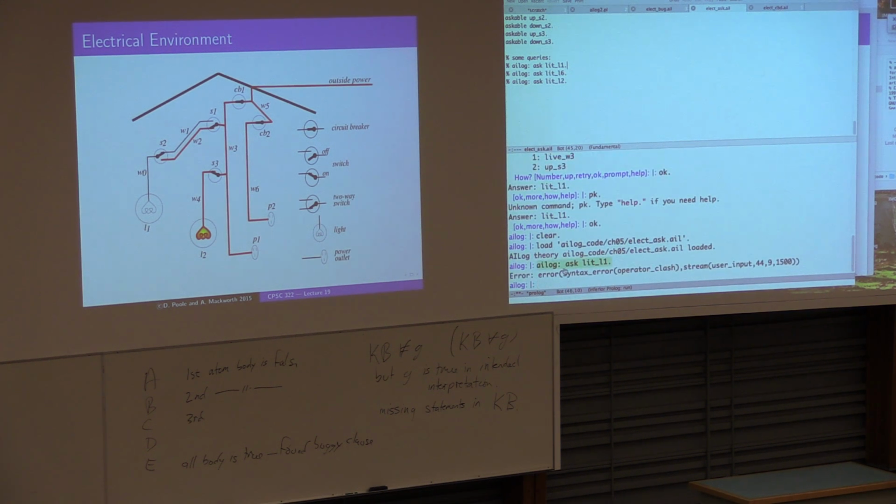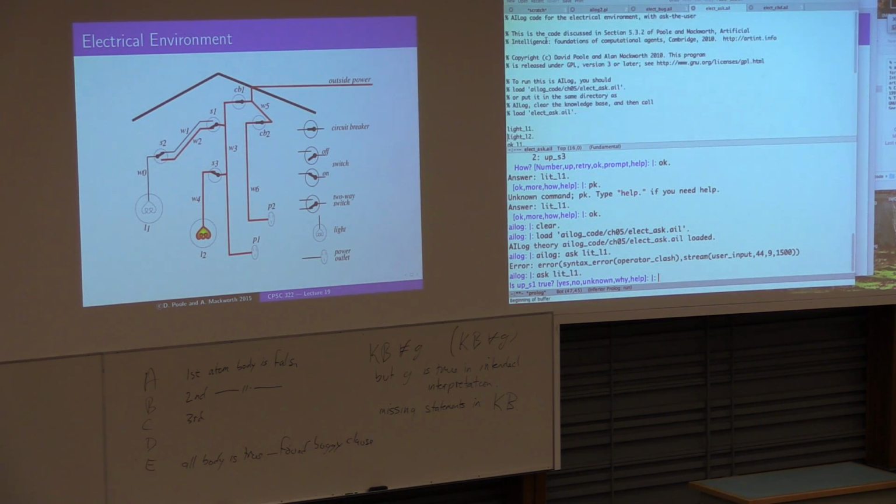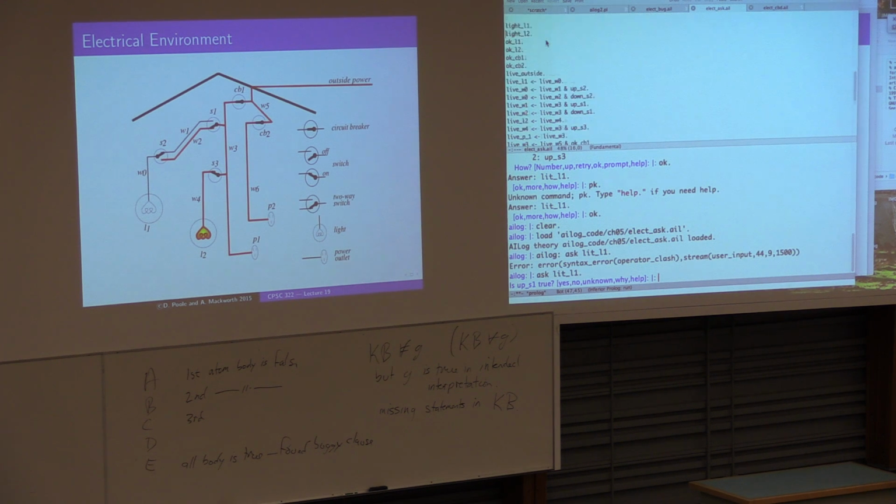Oh, that's why I shouldn't copy the whole thing. Right. And it's going to, of course, come back here. And it's going to know, because it's proving L1 is lit, right? You look at the rules for L1 is lit. It's the same code we had before. Lit L1 if it's a light and it's live and it's okay.